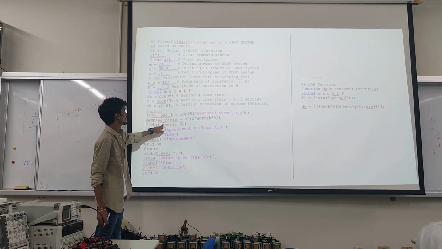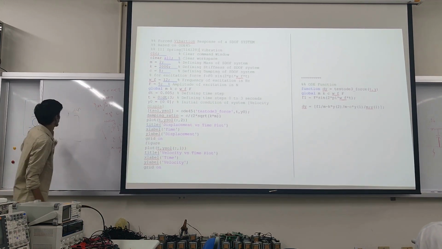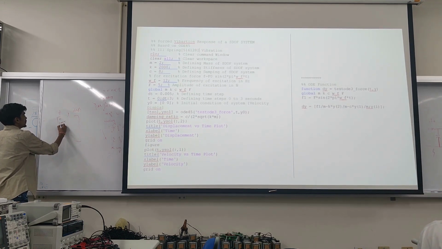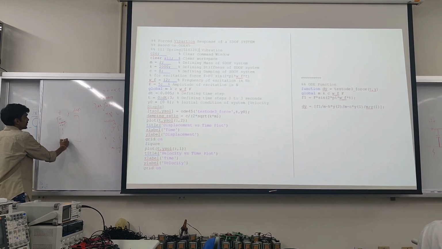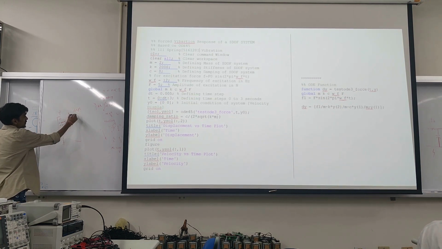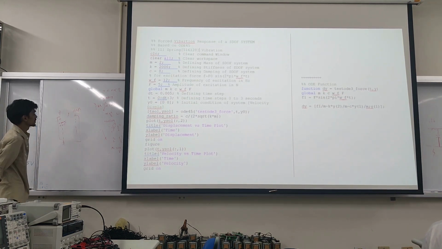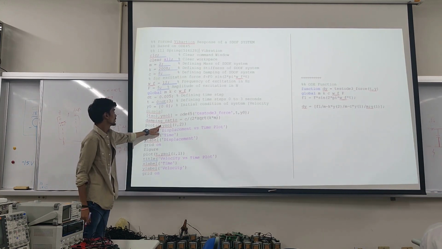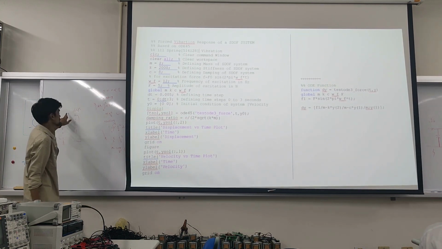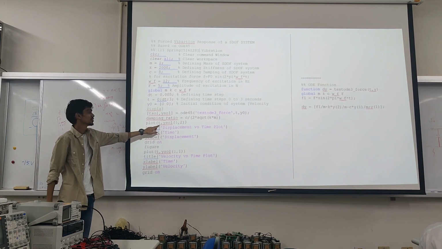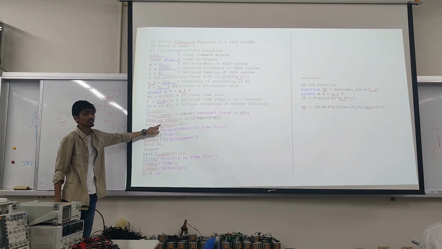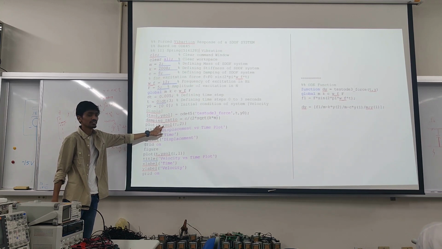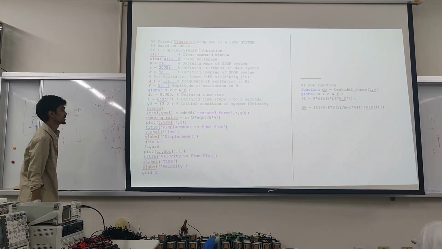So T is the first column, maybe 0, 0.005, 0.01, similarly up to 3 seconds. Similarly we are getting the displacement in this. So this is separated by comma. This is the meaning of the comma, you can't put it directly without a comma. If you miss this comma, then if there is a space, the meaning will change.